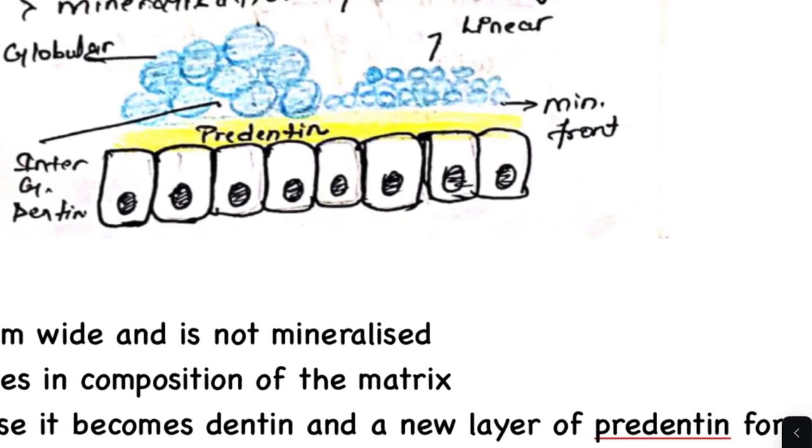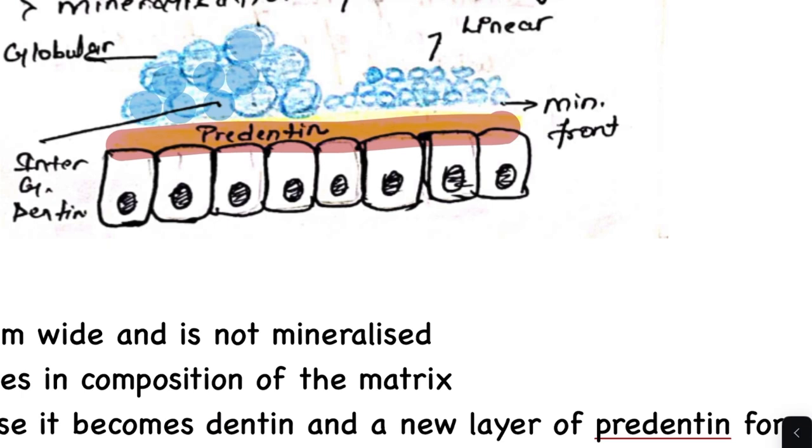If you look at this diagram, this is your predentin. How will the mineralization take place? First, you randomly place some crystals like this, and they grow, and after growing they fuse together, and your entire dentin is now mineralized. Now the second pattern is they are laying down the crystals in a linear pattern.